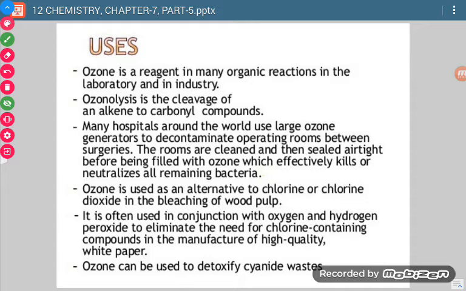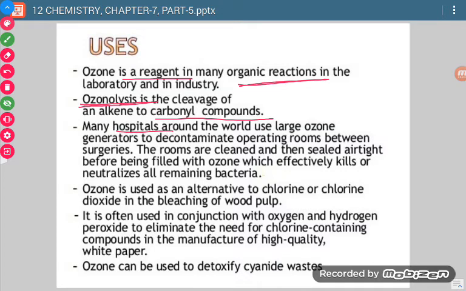Now where is it used? It is a very important reagent and is used in many organic reactions. When we have to perform the ozonolysis process, only ozone is to be taken. It is also used worldwide in hospitals.